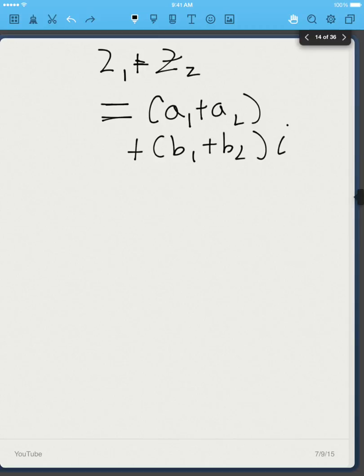This will be the complex part. So you can see that really adding complex numbers is the same as adding vectors.